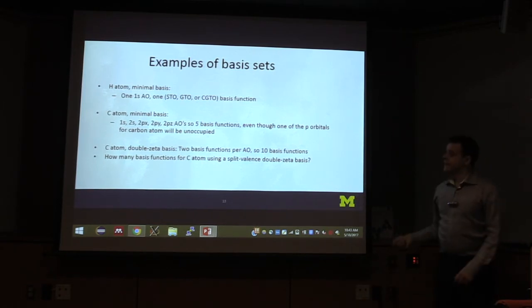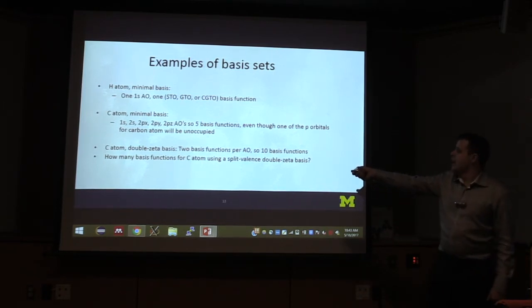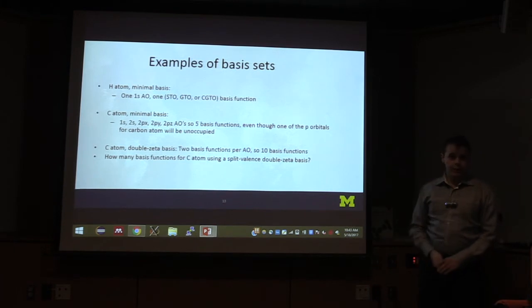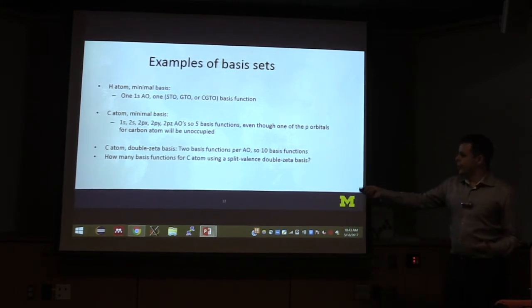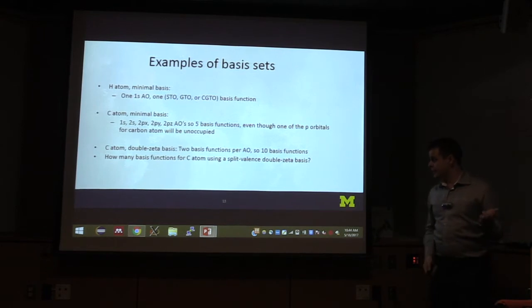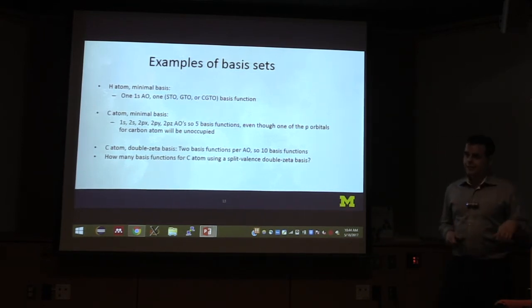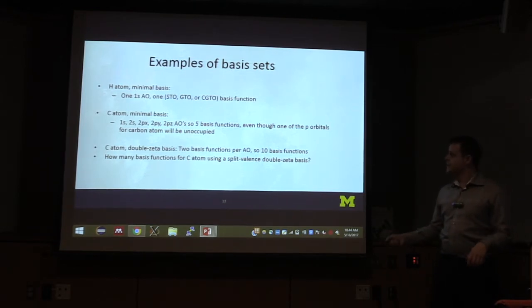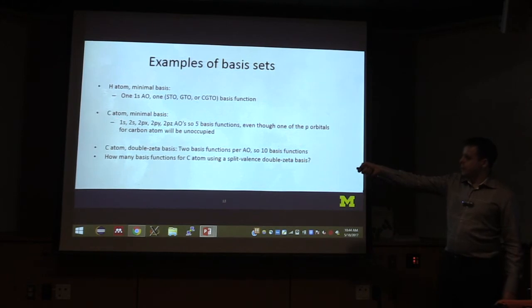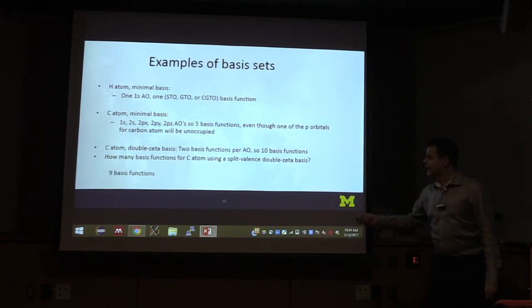The carbon atom in the double zeta basis set has 2 basis functions per atomic orbital, so it has a total of 10 basis functions. So how many basis functions for carbon atom using a split valence double zeta? Well, remember the split valence double zeta has a smaller basis set for the core than the valence. In this case, the core has 1 basis function, so that's 1. The valence has 2 each, so 2, 3, 4, 5, 6, 7, 8, 9. So that has 9 basis functions.